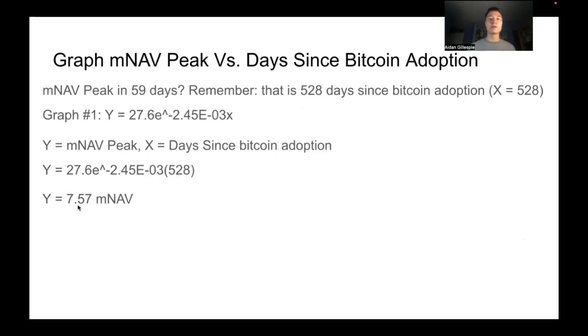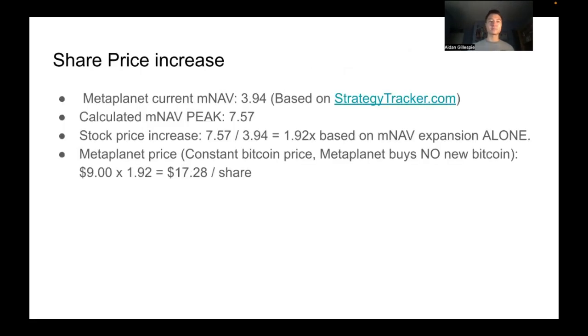So based on these models, I'm expecting that, A, it's going to take 528 days since Metaplanet's original Bitcoin adoption for that fourth peak to occur. And at that point, the MNAV would be trading at 7.57. So now let's calculate how that would affect the share price.